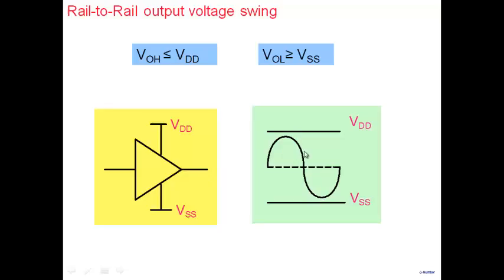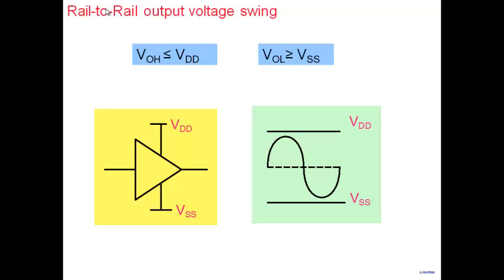In an amplifier where positive voltage swing is VDD and negative voltage swing is VSS, we call such an amplifier one which gives us rail-to-rail output voltage swing. Rail-to-rail in the sense that this is the positive rail and this is the negative rail. An amplifier which gives you right up to VDD and right up to VSS is considered a good amplifier which provides rail-to-rail output voltage swing.